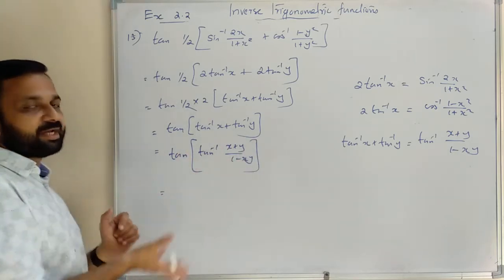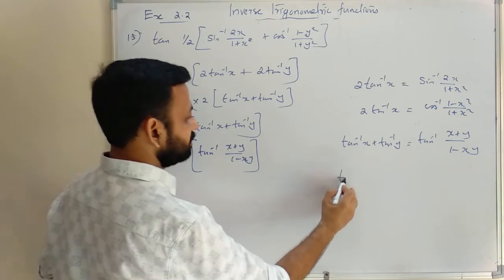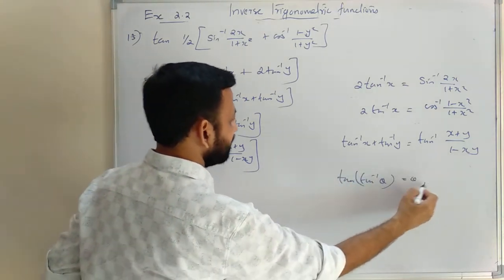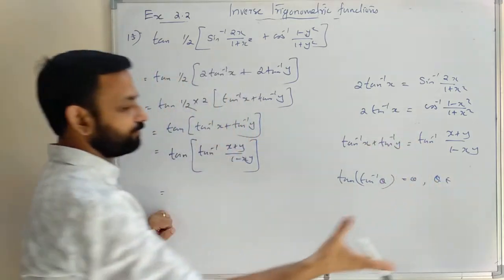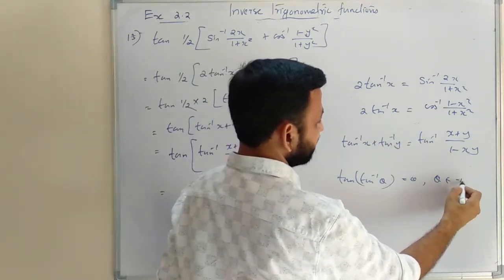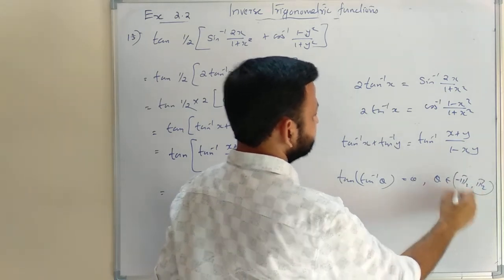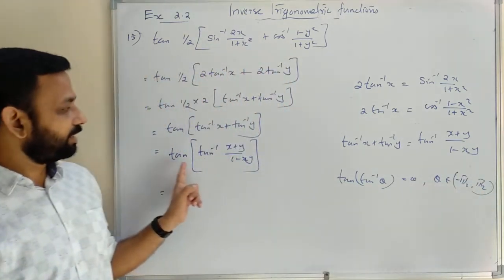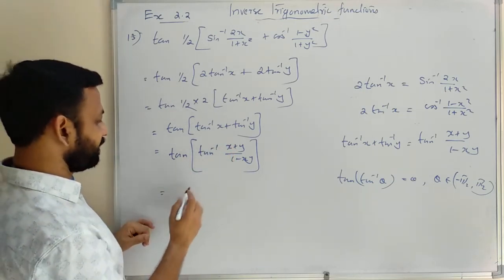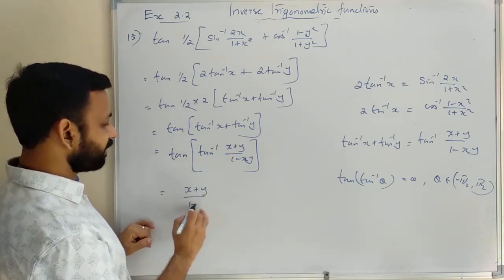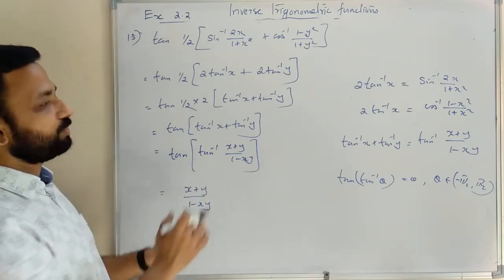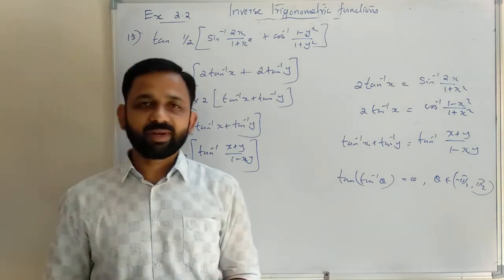Tan of tan inverse theta is equal to theta if theta belongs to the principal value branch, that is minus pi by 2 to pi by 2. So here it will be x plus y upon 1 minus xy, and it is understood that this belongs to the principal value branch.